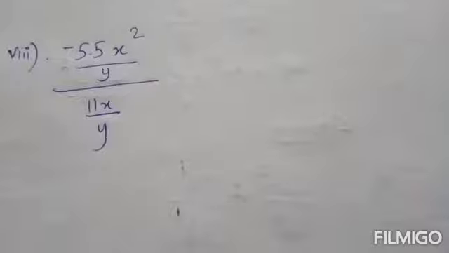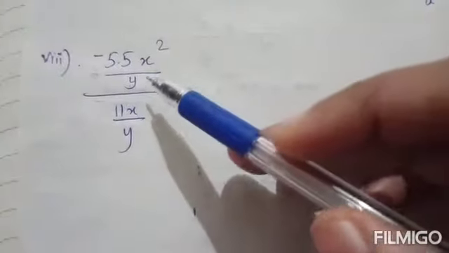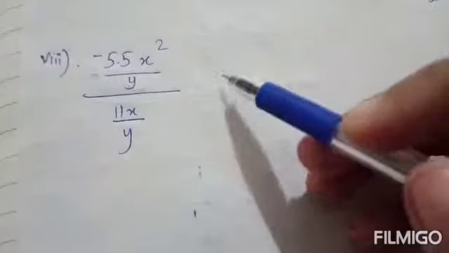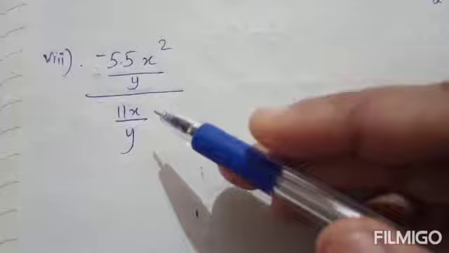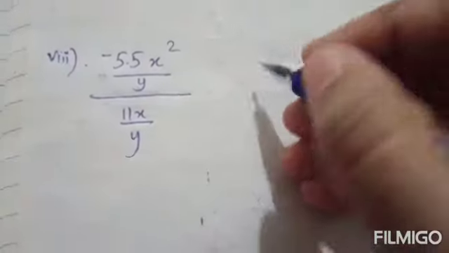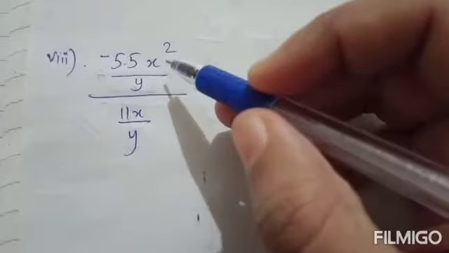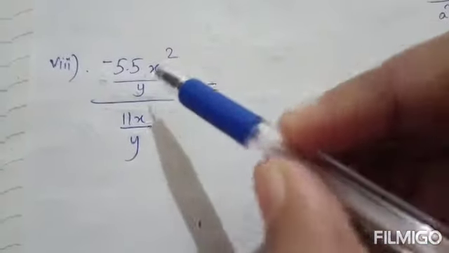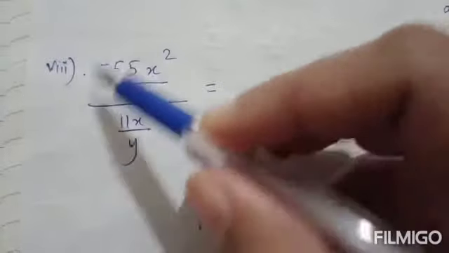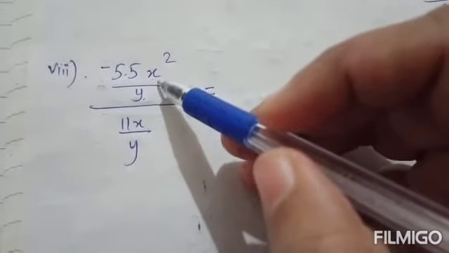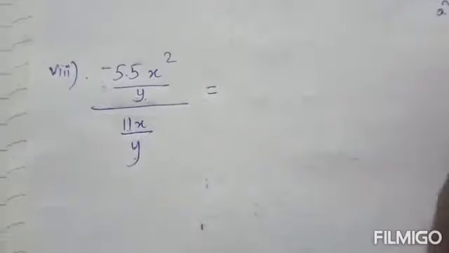Okay. 8th question. Minus 5.5 x square by y divided by 11x by y. Okay, so here also it is division of fractions. So what to do? Write the numerator first. So minus 5.5 x square by y. This is in the numerator. 11x by y is the denominator.